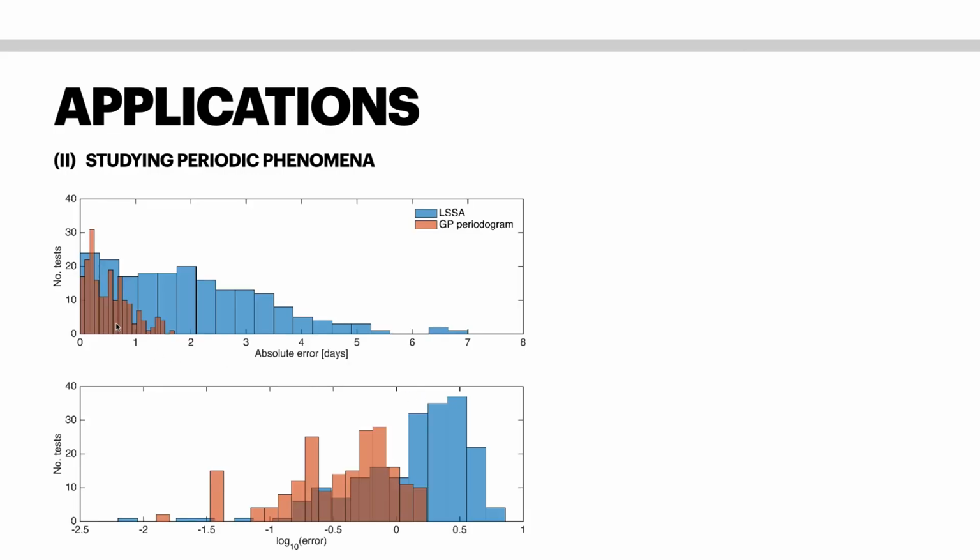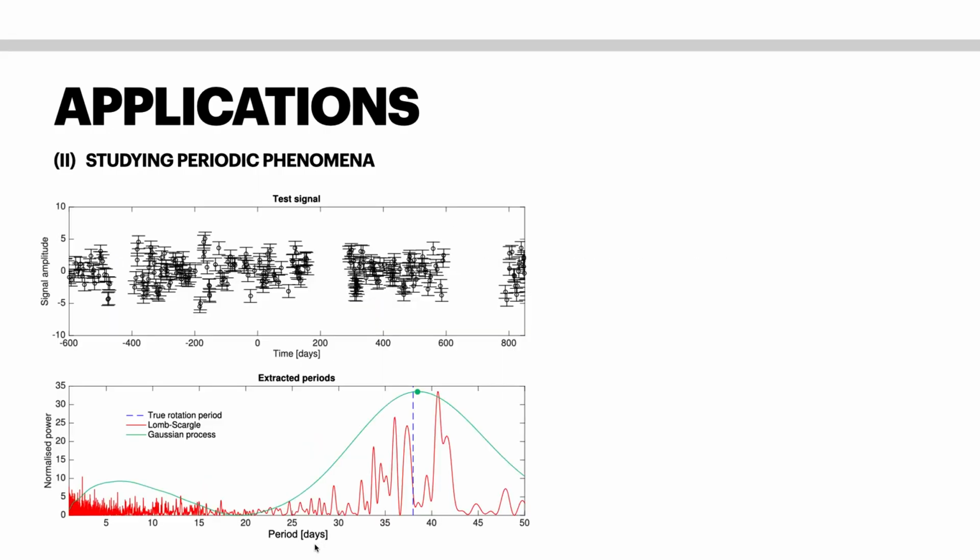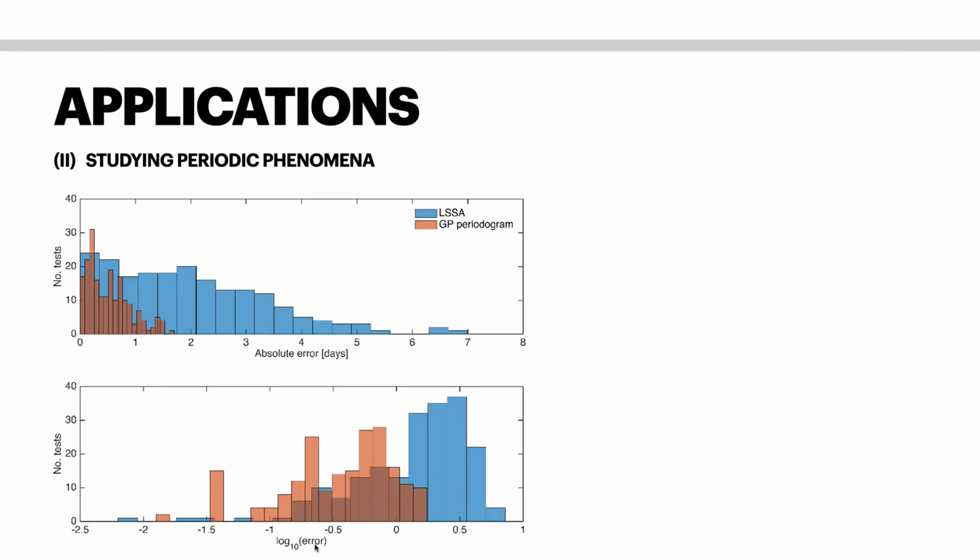I repeated this for a few hundred such simulations and found that the GP error in the inferred period was about an order of magnitude smaller than that provided by the Lomb-Scargle analysis. Not surprising, because it's a more appropriate tool for the job.